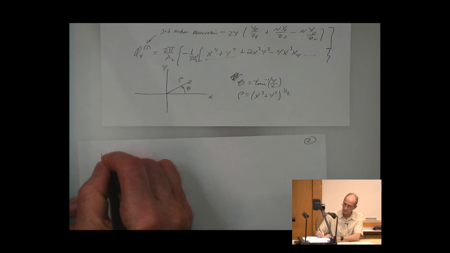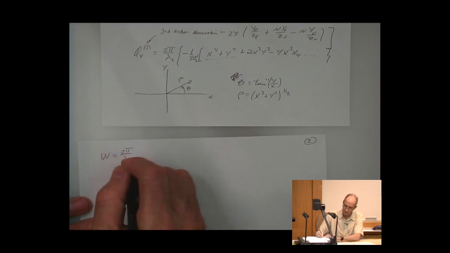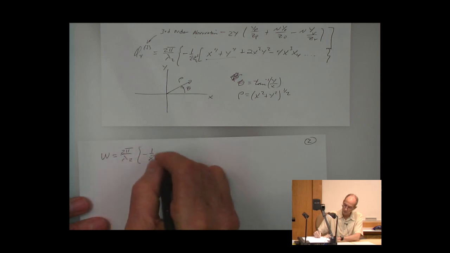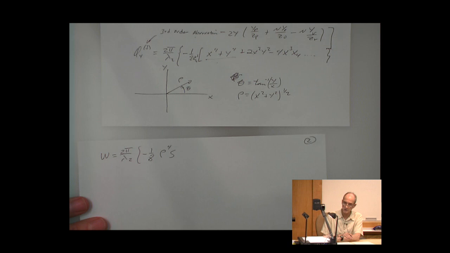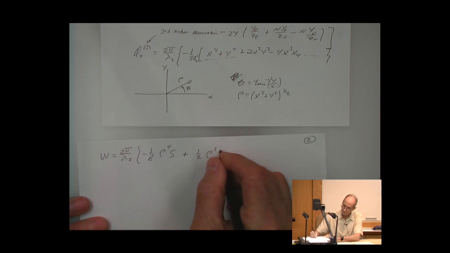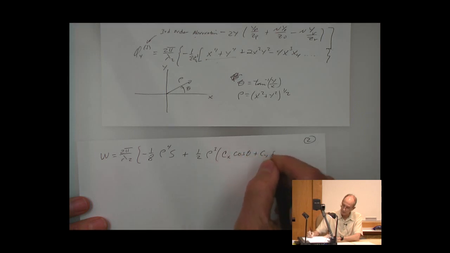We can write this portion of that phase as w, equal to 2 pi over lambda 2 times minus 1/8 rho, the circular coordinate distance from the origin, rho to the fourth power, times an aberration coefficient, s, and then plus 1/2 rho cubed times c sub x cosine theta plus c sub y sine theta.